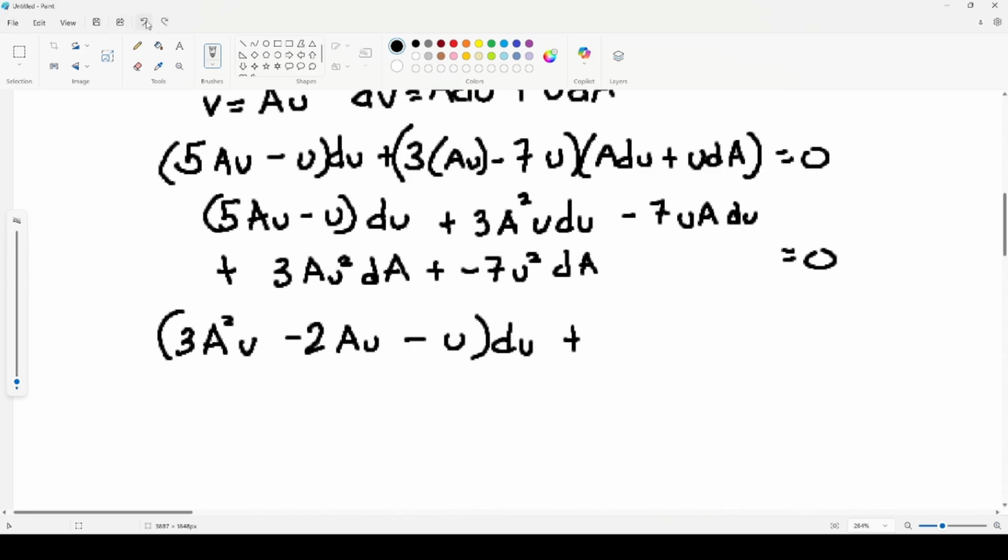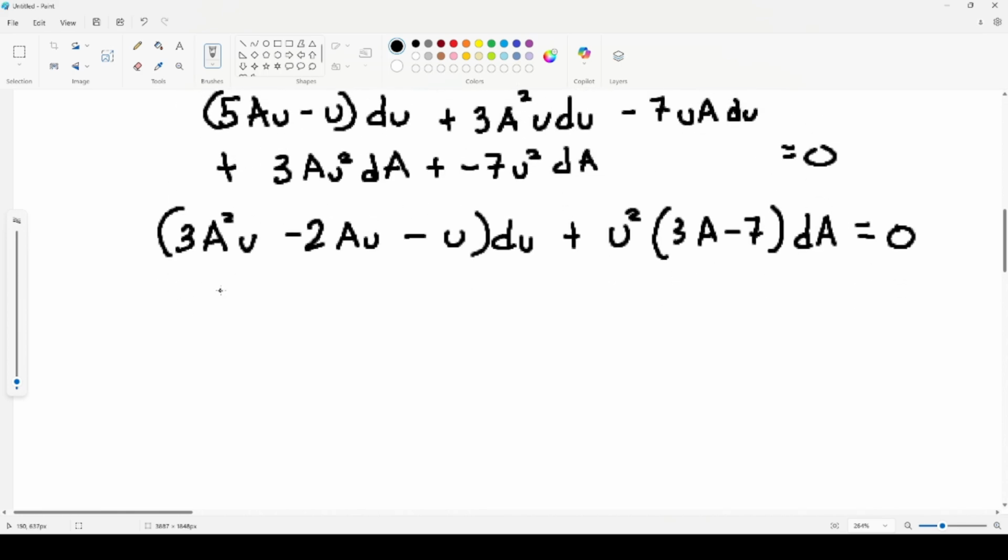We're handling the bottom terms, so that will become u squared (3A minus 7) dA equals 0. The left side has a lot of terms with u, so we're just going to take out u.